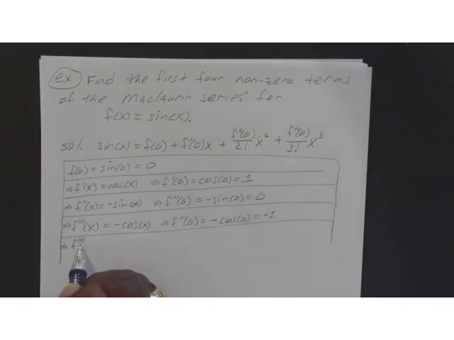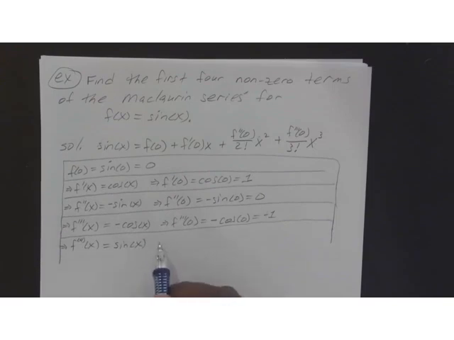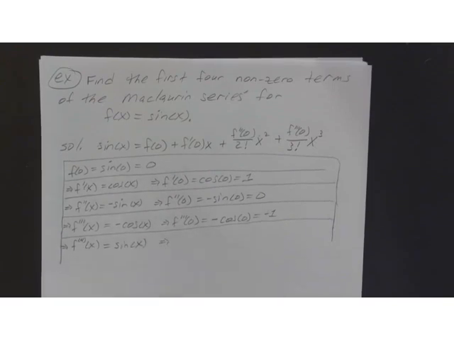And we did the fourth derivative of x. You know, the derivative of negative cosine is sine, so the fourth derivative at 0 is just sine of 0, which is 0. Okay, so there's definitely a pattern there.